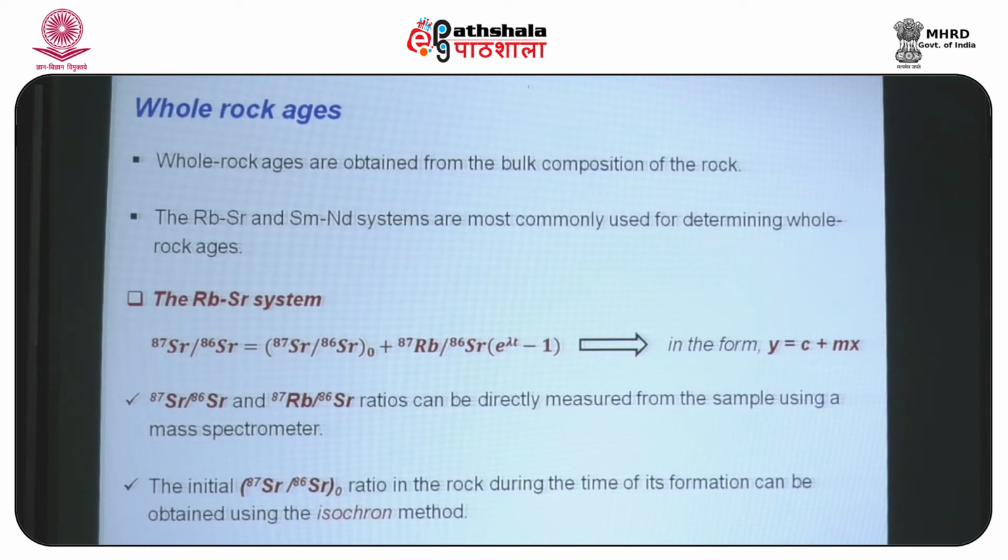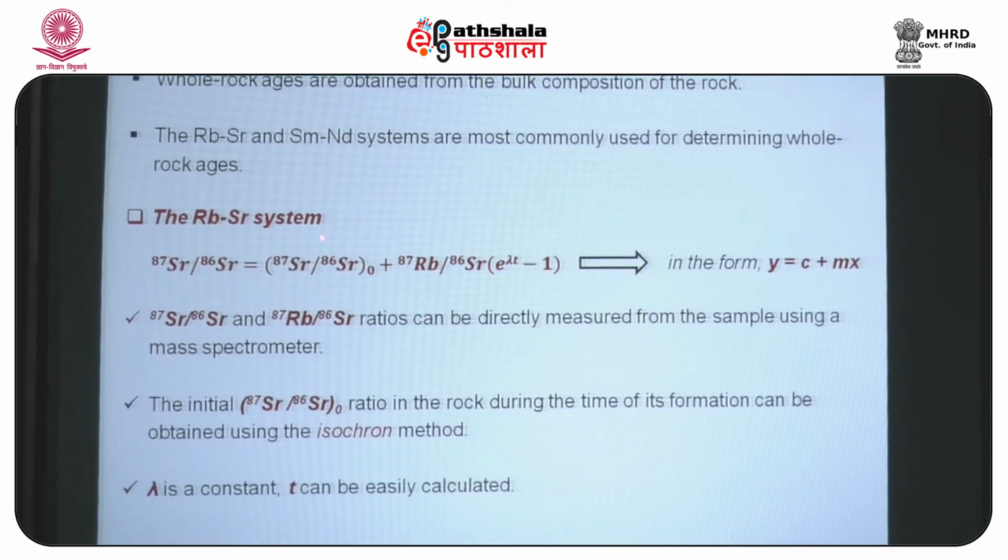The ratios 87 strontium by 86 strontium and 87 rubidium by 86 strontium can be directly measured from the sample using a mass spectrometer, and the initial ratio of 87 by 86 strontium in the rock during the time of formation can be obtained using the isochron method, which I discussed in detail in the previous lecture.